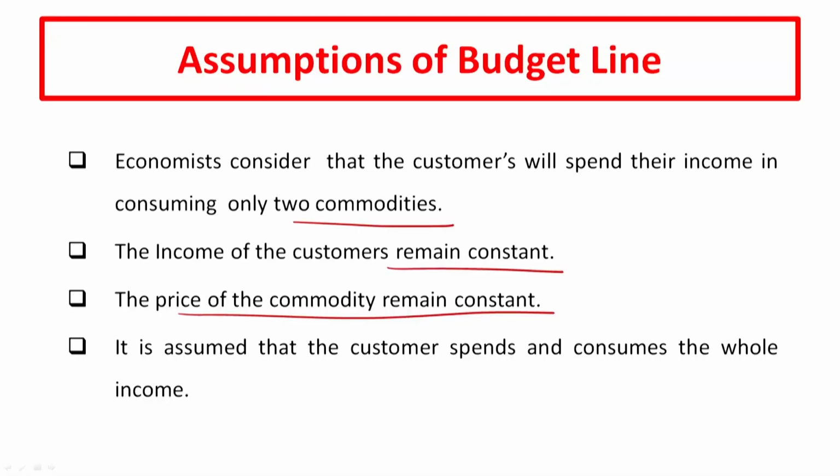You are not going to increase or reduce the price of a product by purchasing high or less. Whatsoever price is decided in the market will remain constant for a period of time. And it is assumed that the consumer spends and consumes the whole income. It is assumed the consumer is going to utilize the entire income in order to derive the maximum satisfaction.